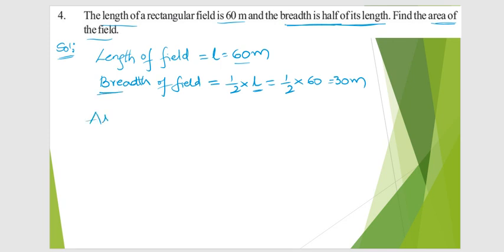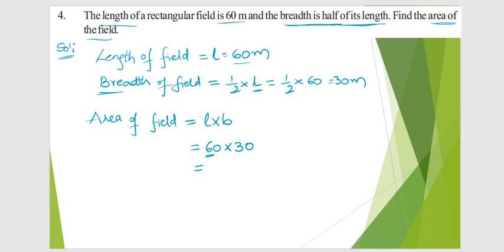Then automatically we can find out the area of the field. Since the given field is in the shape of a rectangle, the area of the field is given by length into breadth. Length is 60 meters, breadth is 30 meters. You already know how to do multiplication.